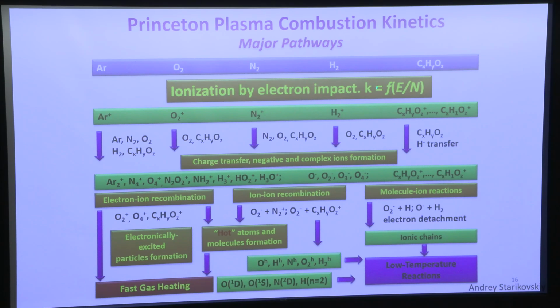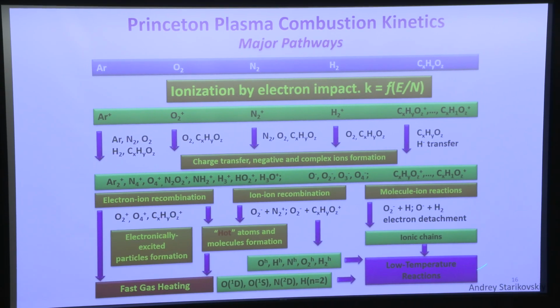Plasma chemistry depends on E over N, and it can generate ions. These ions can charge transfer and form reaction complexes, and they generate hot atoms, as I said. They generate a lot of radicals.